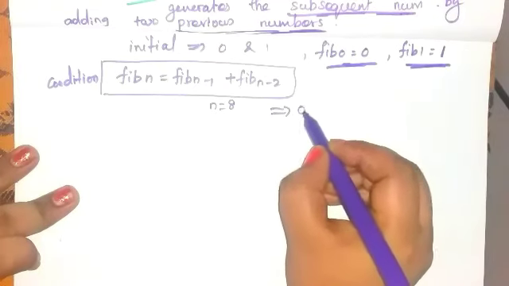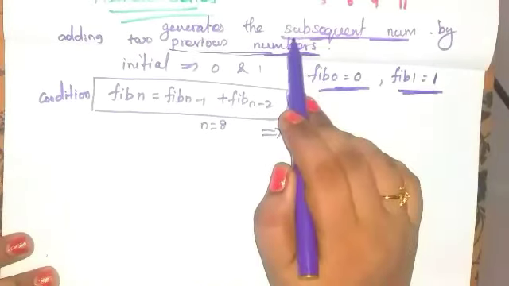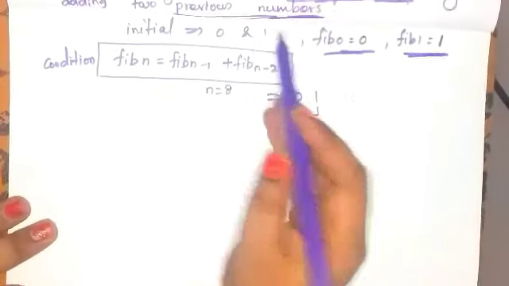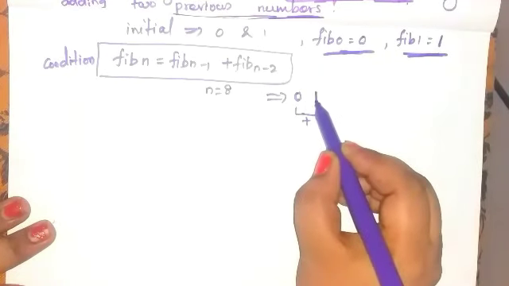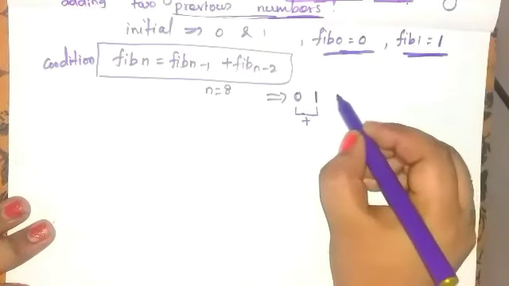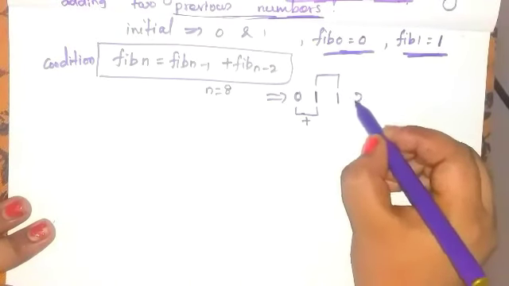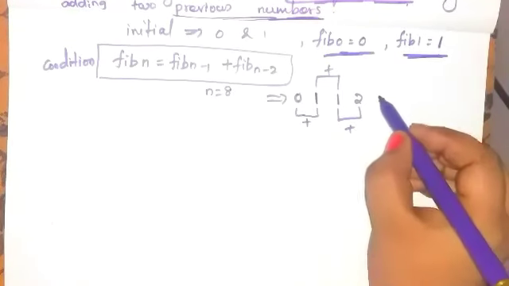This is the initial value 0, 1. So what is the definition? Generate the subsequent number by adding two previous numbers. So these are the initial values. Add these two values, 0 plus 1, 1. Next add these two values, 1 plus 1, 2. Next, 1 plus 2, 3.